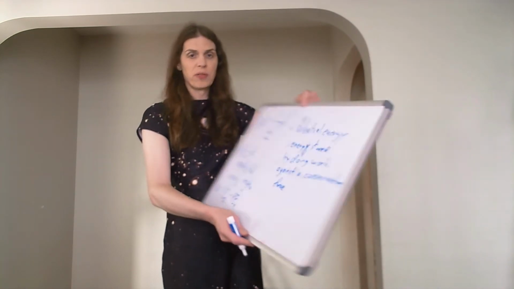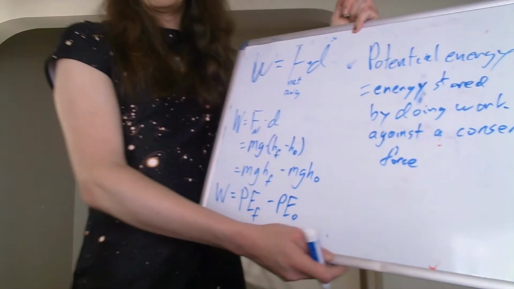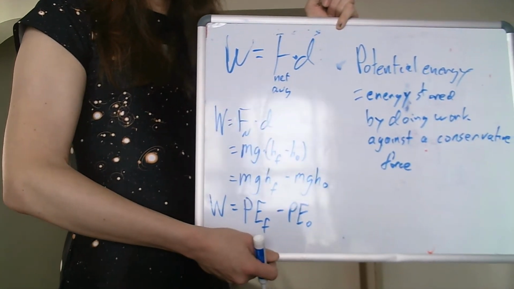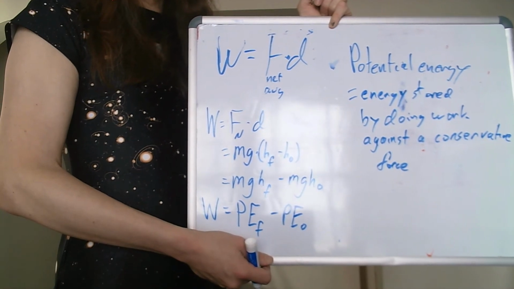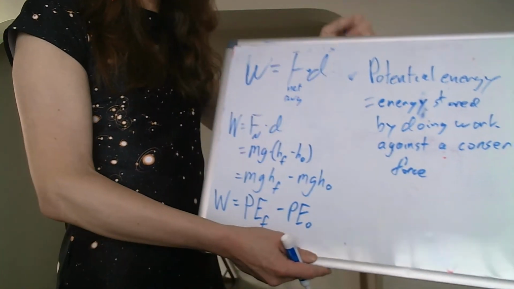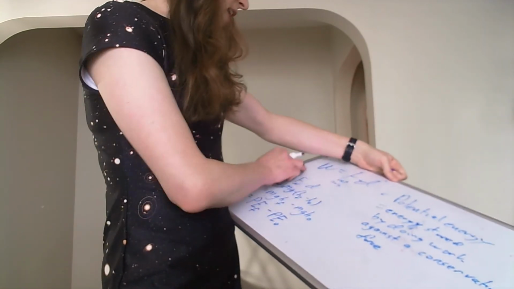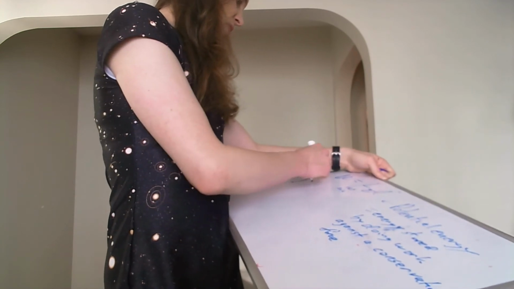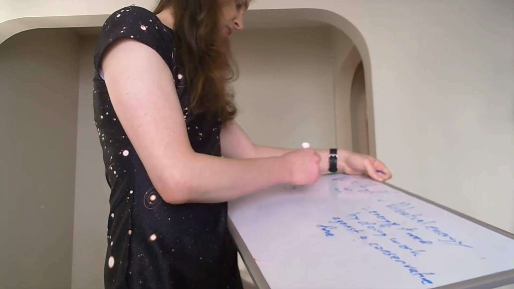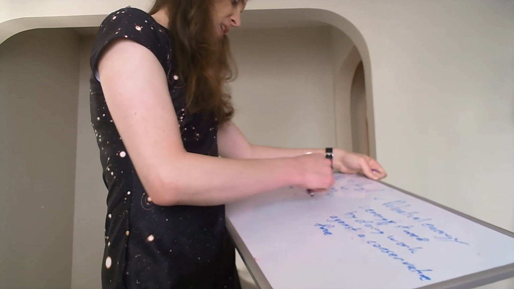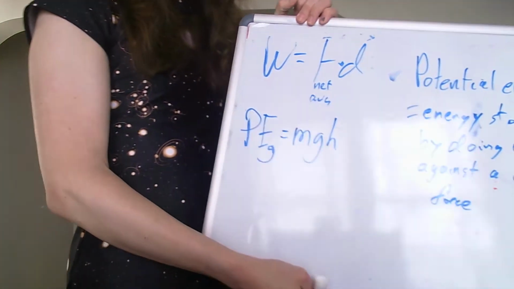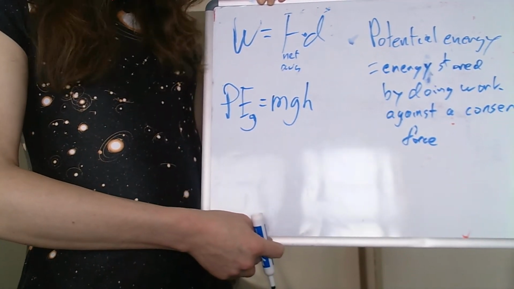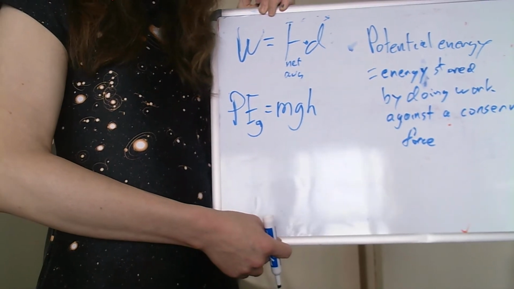We've got to define what the conservative force is too. So there's our definition. In this case, the force is gravity. So energy stored by doing work against a conservative force. And what that potential energy, gravitational potential energy, is, when we have a constant g near the surface of the Earth, is equal to mgh.